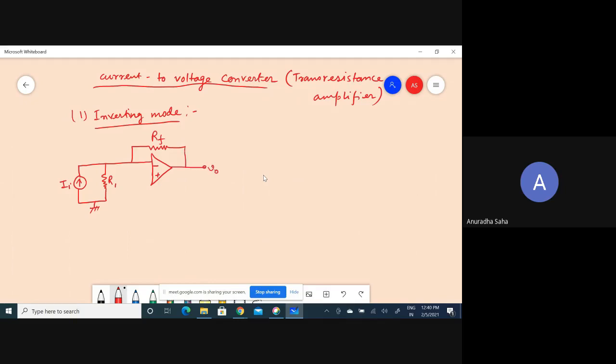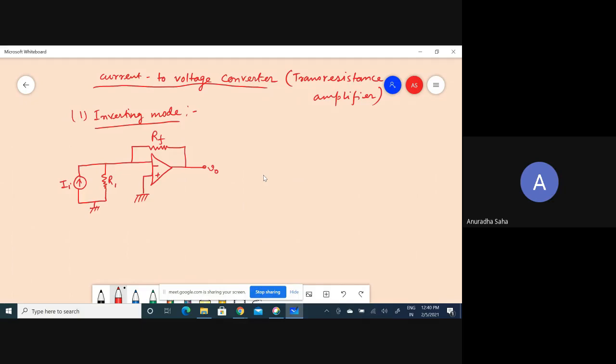This is my output voltage. The non-inverting terminal must be grounded because this is the inverting mode. So you can see that I have applied the current source, which is the input of this particular converter circuit, to the inverting amplifier.